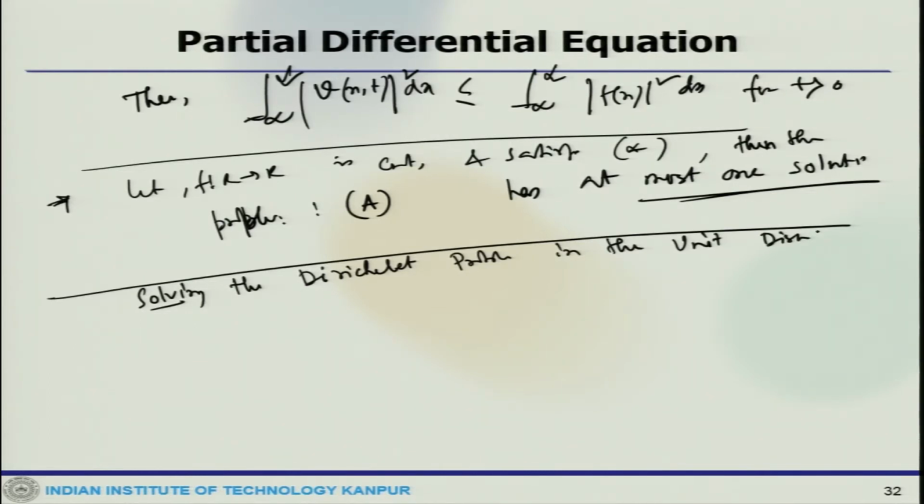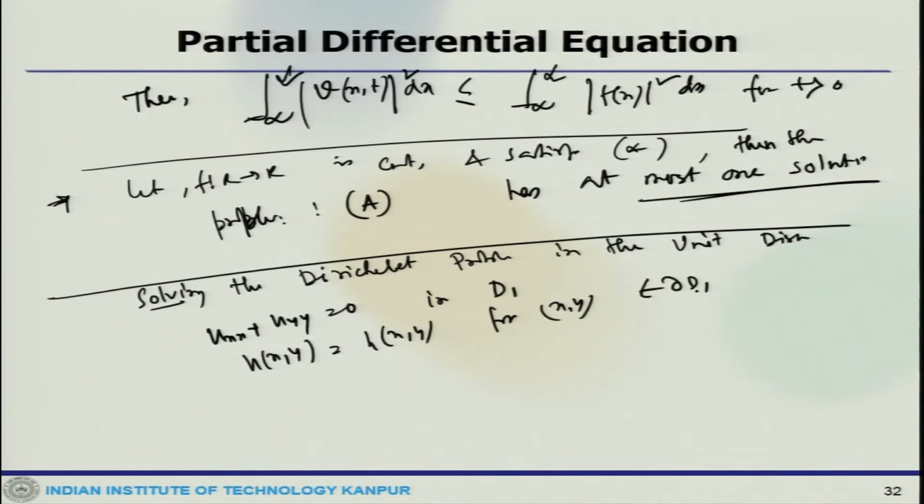Okay, so let us say we have u_xx plus u_yy equals 0 in D1. This is the 2-dimensional Laplacian, and u(x,y) is h(x,y) for (x,y) belonging to del D1.